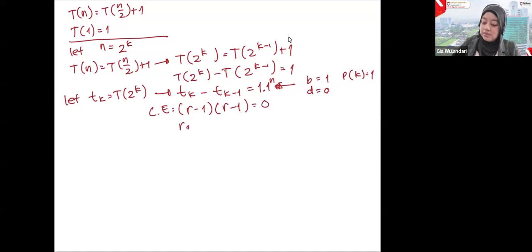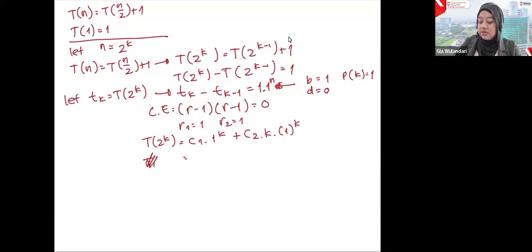And it means we have R1 equal to 1 and R2 equals to 1. So the solution for T2^k is C1 times 1^k, sorry, it's 1^k, okay? And plus C2 k 1^k. Or, 1^k is always equal to 1 anyway.